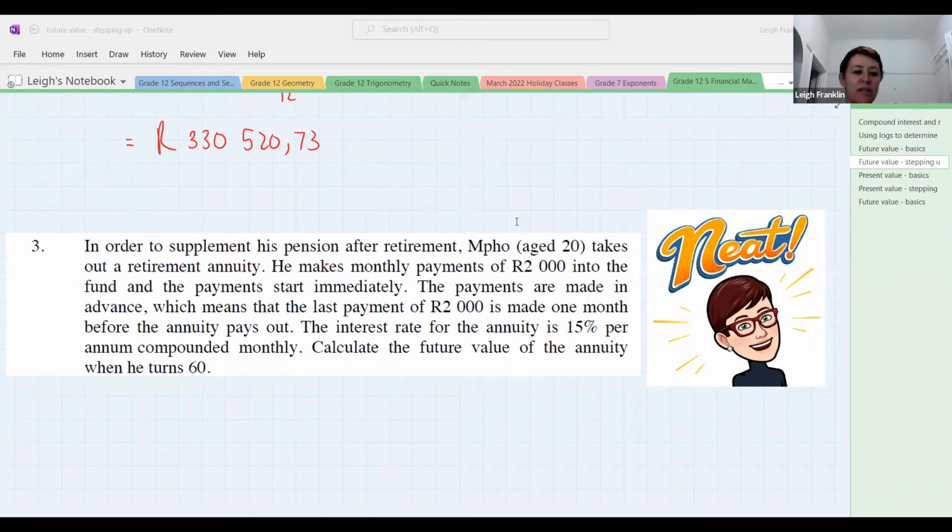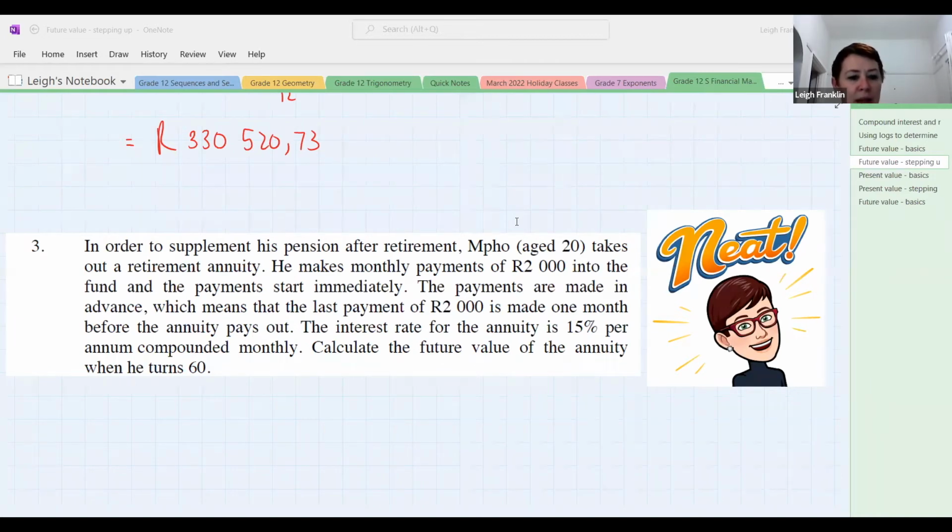Let's have a look at this one. As I say, each of these questions is a little bit different from the one before. That's why I wanted us to do all of them. Let's read this one. In order to supplement his pension after retirement, Mpho, age 20, takes out a retirement annuity. He makes monthly payments of 2,000 Rand into the fund, and the payments start immediately.